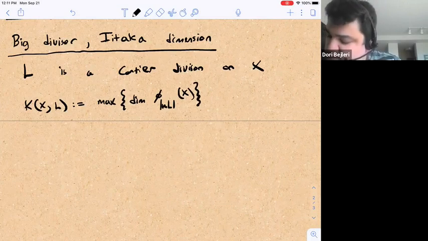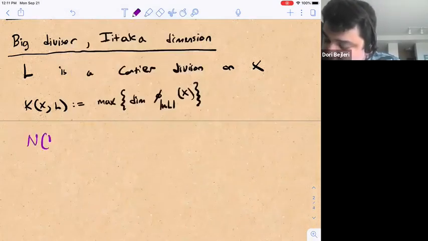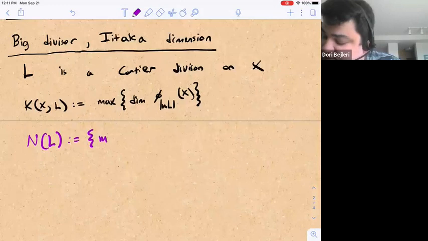So let me give a definition. N(L), the semigroup of L, is the subset of the natural numbers where |mL| is not empty.